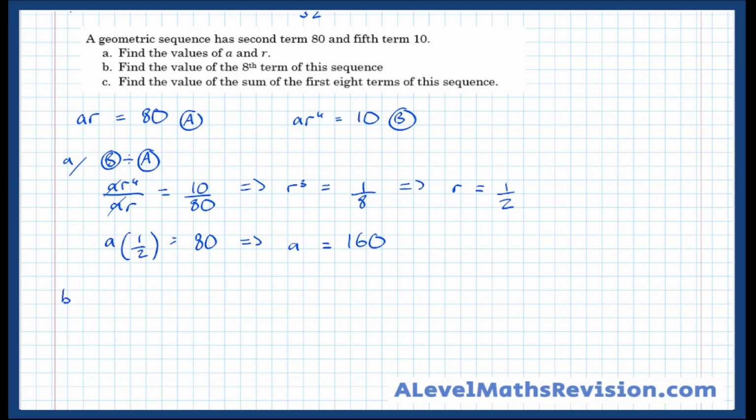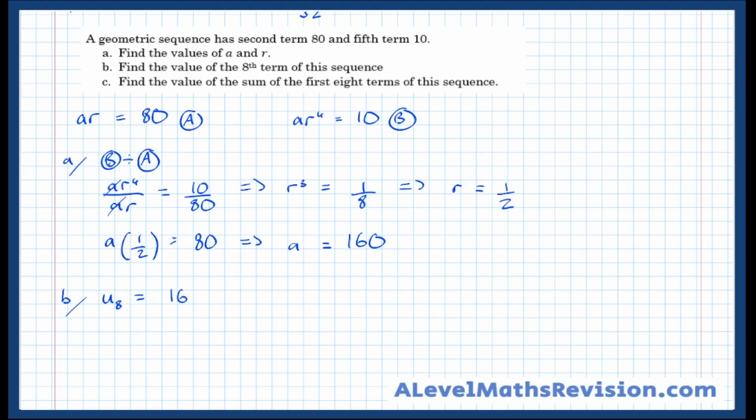So looking now at part B, find the value of the 8th term in the sequence. So actually this is a little bit of an easier mark. It's just using the nth term formula. So it's asked us to find U8. If you can do it, pause it and go for it.